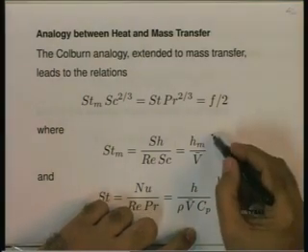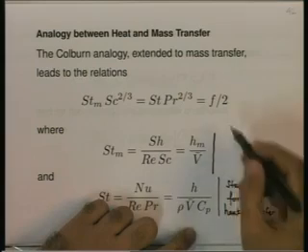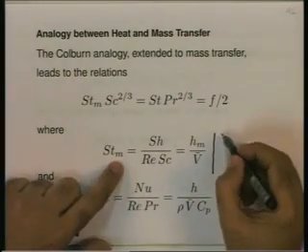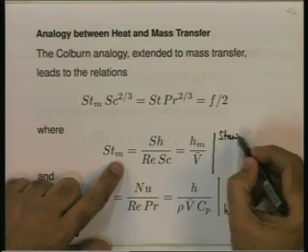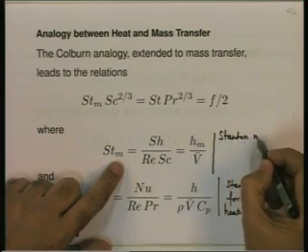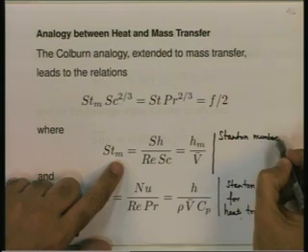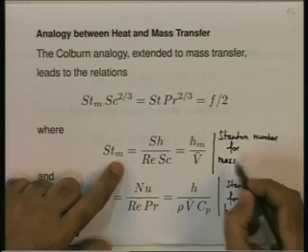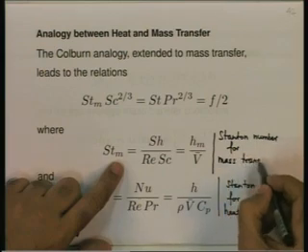Now we have a Stanton number for mass transfer, and that is St with a subscript m, m for mass transfer. This is the Stanton number for mass transfer.